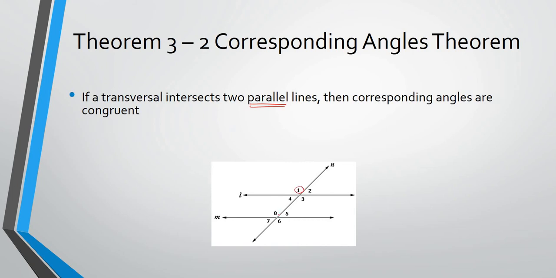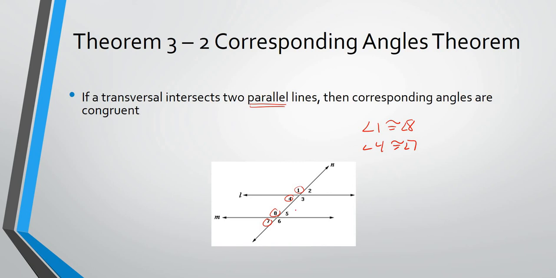So 1 and 8 are corresponding. 4 and 7 are corresponding. So let's see, angle 1, and since they're corresponding, they're congruent to 8. Angle 4 is congruent to measure of angle 7.